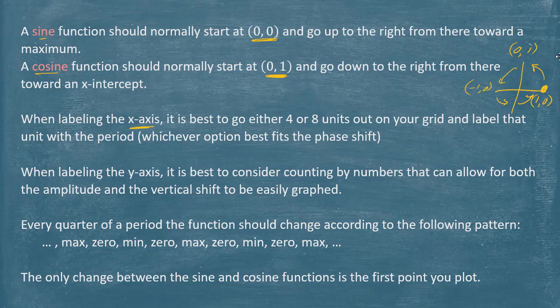But I skip over all of those numbers if I skip everything in the quadrant, hence why I would want to either go 4 units out or maybe some multiple of 4 in case I needed a phase shift that was even smaller than that quarter of the period.